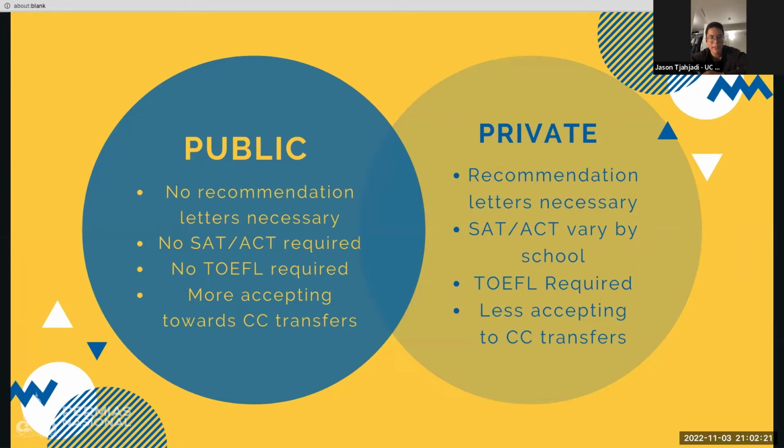No TOEFLs are required, and the reason for this is because you're most likely going to be from a community college or university that offers a first language English course for first language speakers, basically. So for as long as it equates to the courses that are offered within the university that you're planning to transfer to, TOEFL isn't required for UCs because a lot of their courses do articulate in agreements.